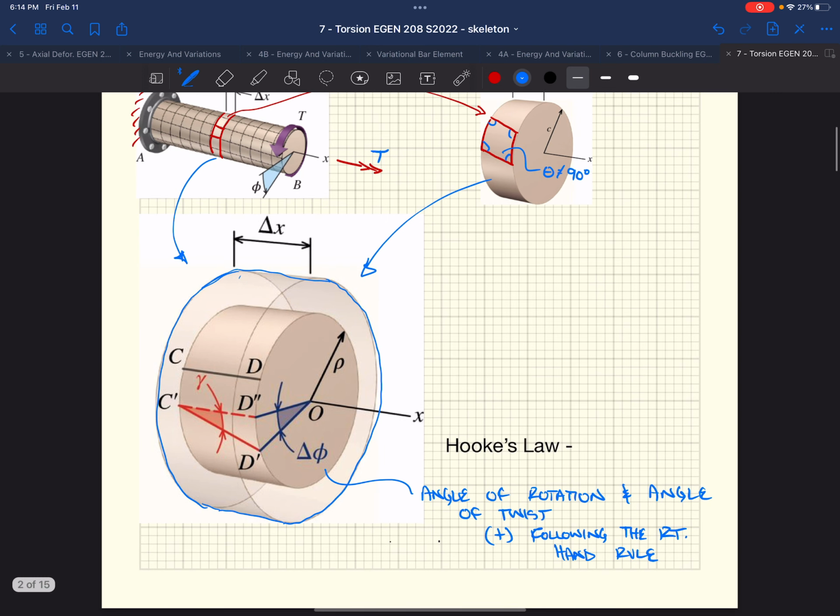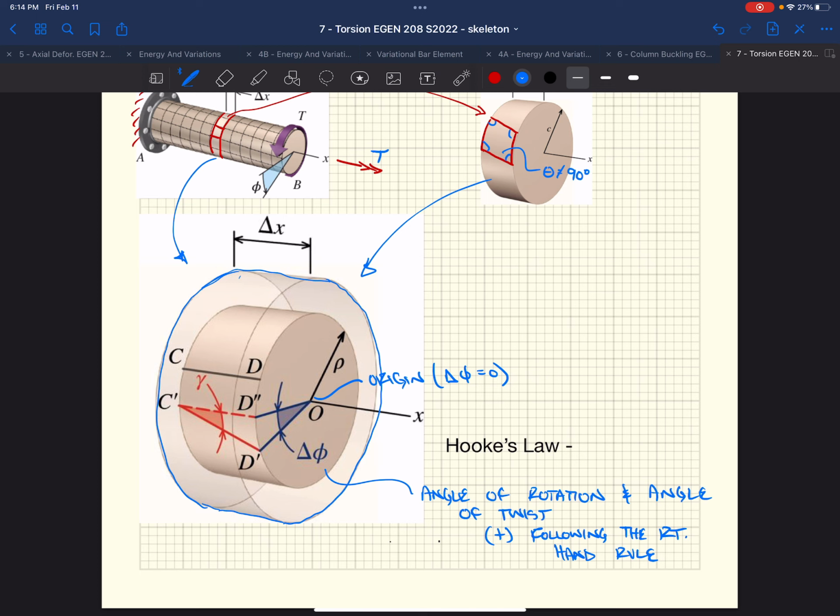And the same goes for our angle of twist. If we start at the origin, or the center line, or the longitudinal axis of our member, our change in angle of twist equals 0. As you can see there, that angle of twist starts at 0 and it linearly increases.